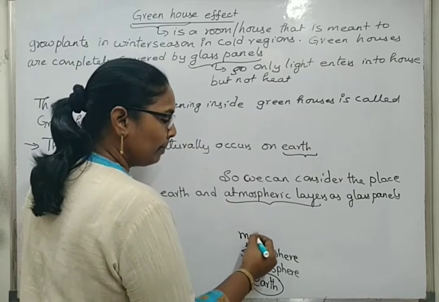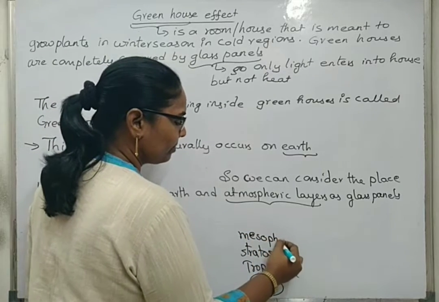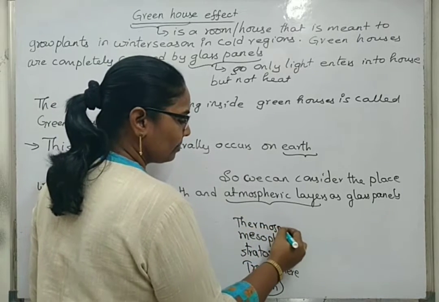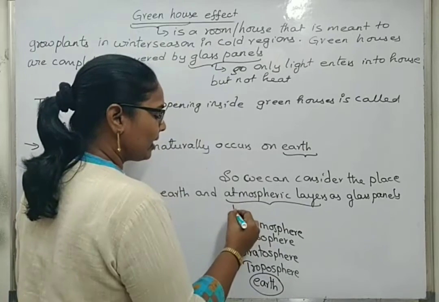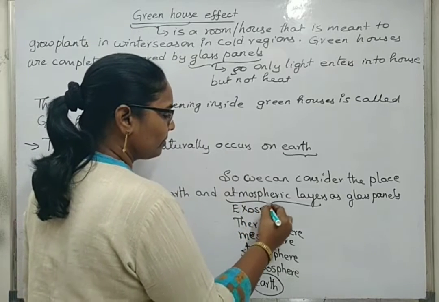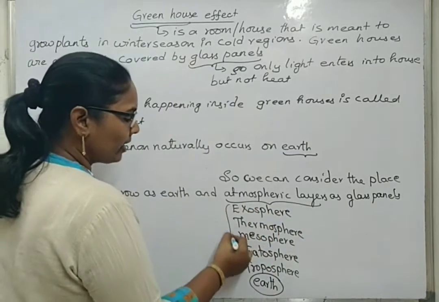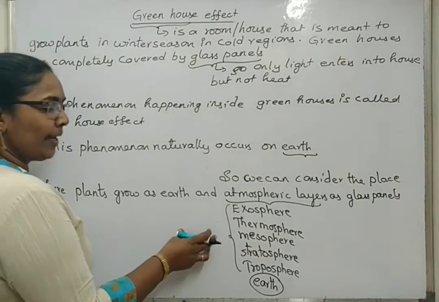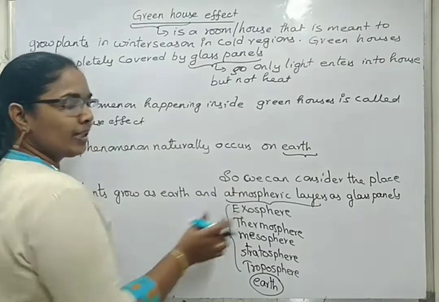Next is the mesosphere. Next is the thermosphere. Next is the exosphere. All these 5 layers are explained under a single term, that is atmospheric layers.